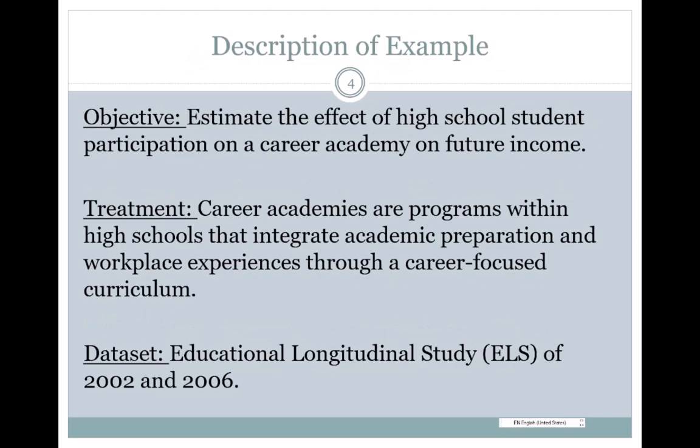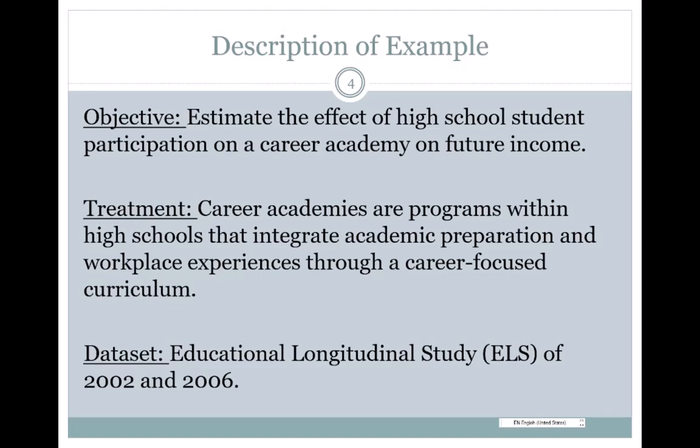So here's an example. A study to estimate the effect of high school student participation in a career academy on future income. The treatment here is Career Academy, which is a high school program that integrates academic preparation and workplace experiences. So in this situation, you cannot randomly assign individuals to participate in a career academy.